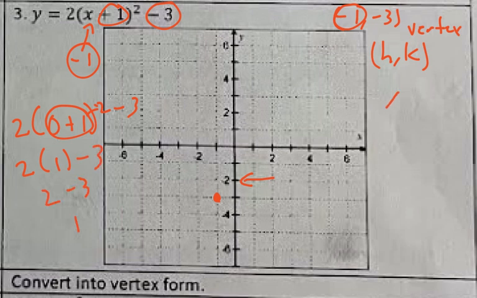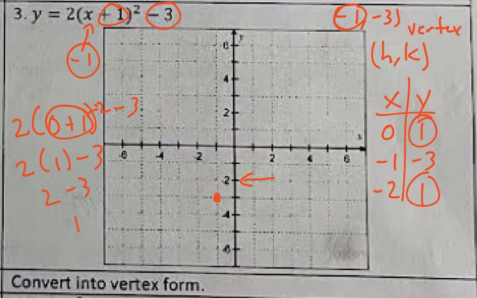So I now know, look at my table here, guys, that 0 is -1, -1 is -3, -2 will also be -1. This and this will match because of symmetry. So I'm going to go to 0, -1. I'm going to go to -2, -1. Starting with the vertex, I know it's going to curve up like that and curve up like that.